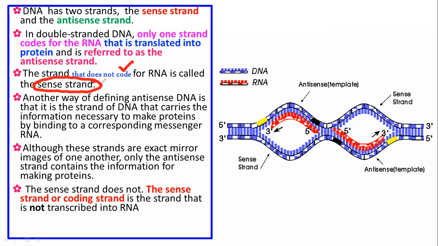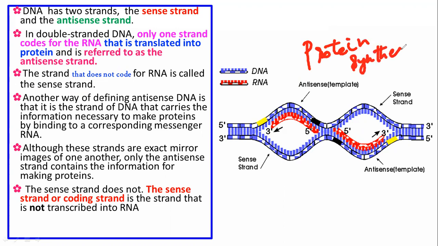But the sense strand was the code for the antisense during DNA replication, so don't confuse these things. Now we are talking about protein synthesis, not DNA replication. This is the first step for protein synthesis, which is happening inside the nucleus.